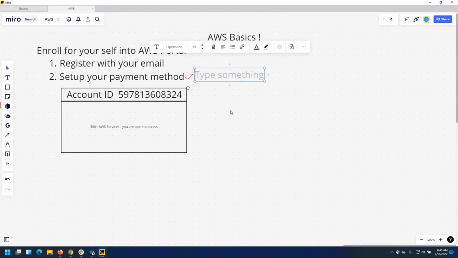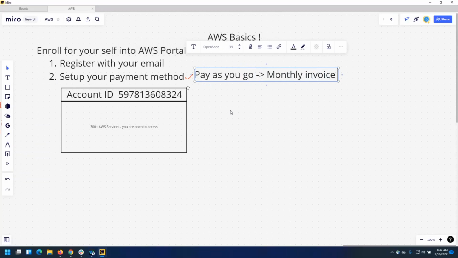Moreover, this payment is pay as you go. It's an Azure term too, but what does it mean? You get a monthly invoice based on your usage.